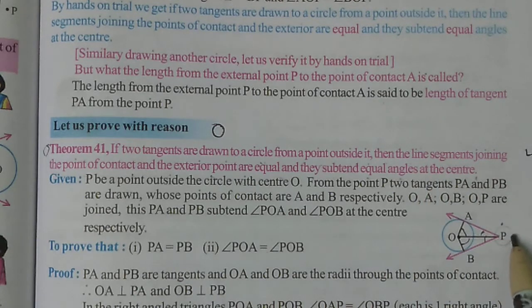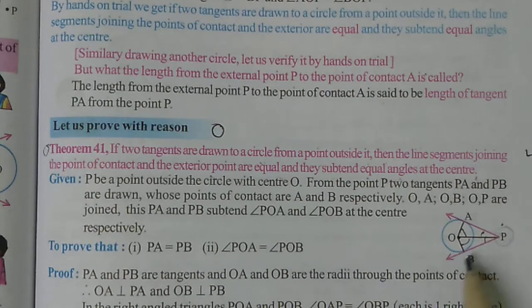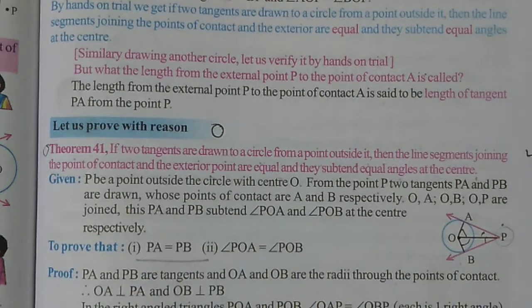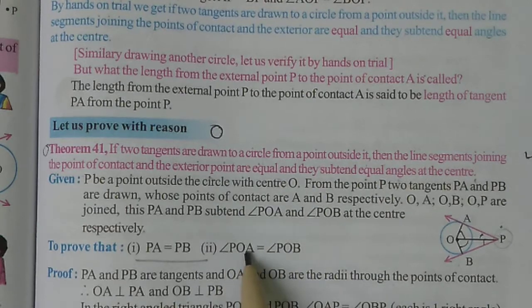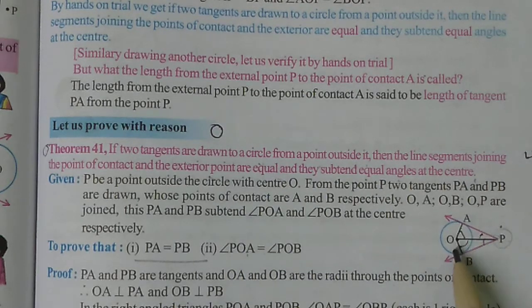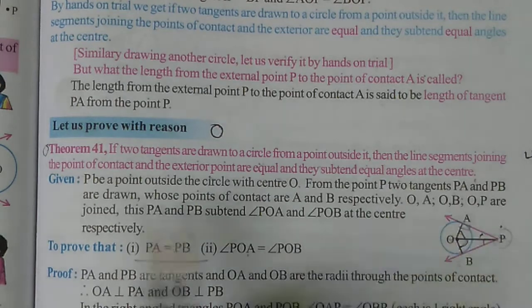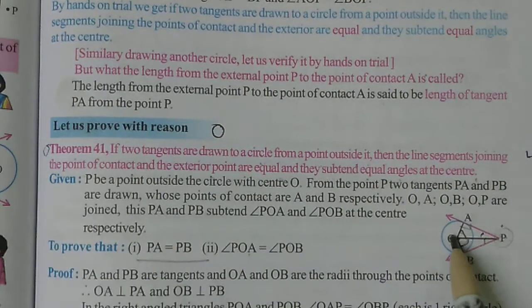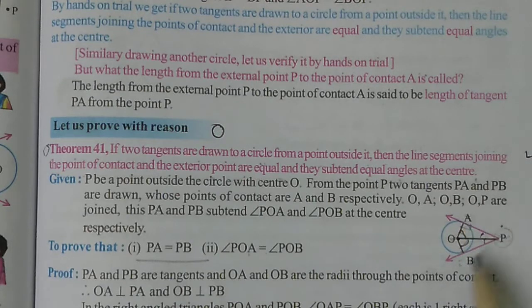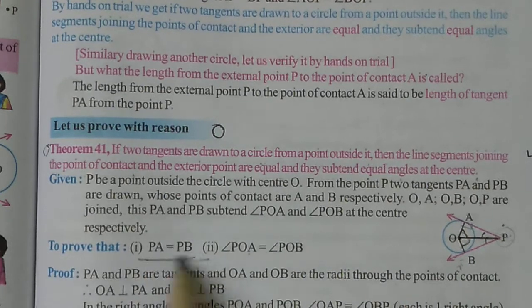Here P is the external point, hence PA equals PB, and the two angles are equal. We note that this is a right angle triangle, hence the remaining angle APO equals BPO, that is OP is the bisector of APB.